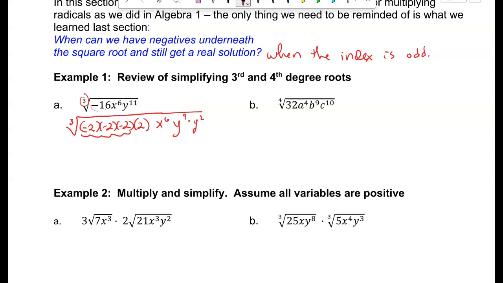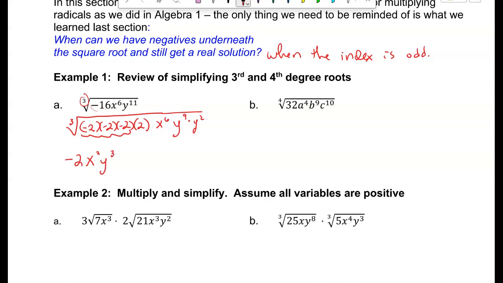So we work with it. Guys, what can come out? We can take out a negative 2 because there's 3 of them. How about this one? What comes out is x squared, because you just go 6 divided by 3. That's x squared times x squared times x squared gives me x to the 6.